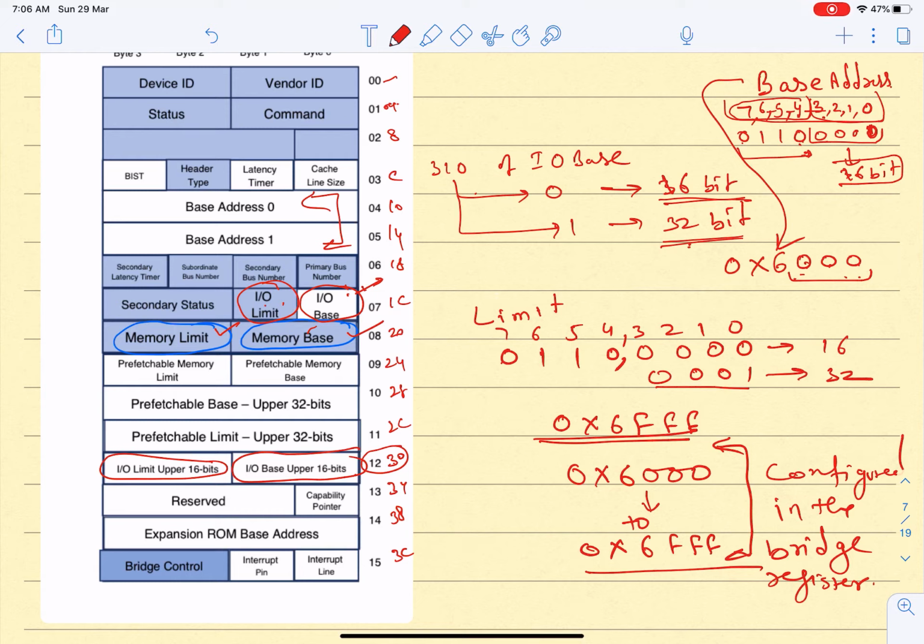And let's suppose that lower 16 bits are configured here.